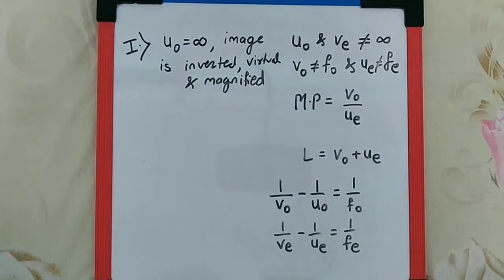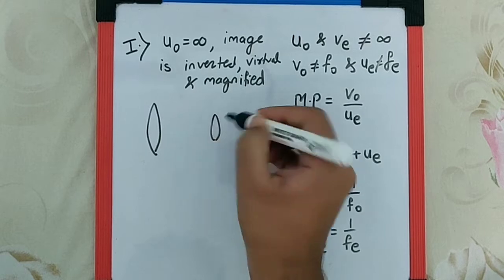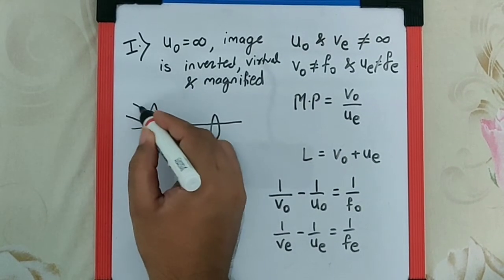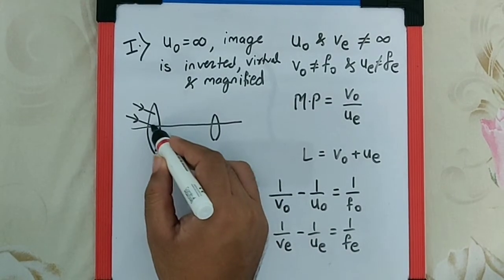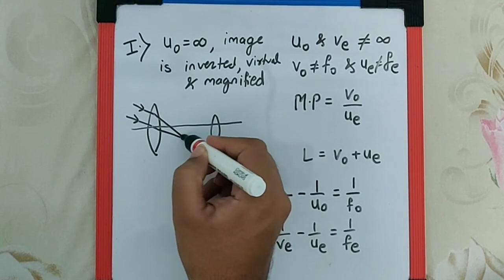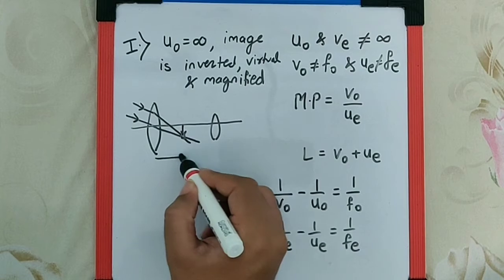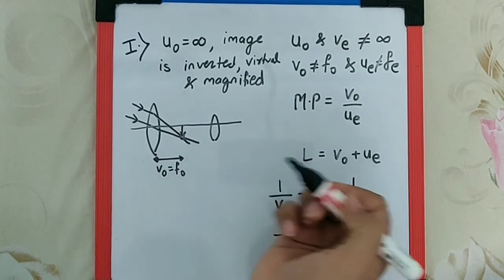Now I hope you understand that is possible only if the infinite rays which are coming parallel to each other, they merge at a point, forms an image, but that distance VO will be equal to FO.